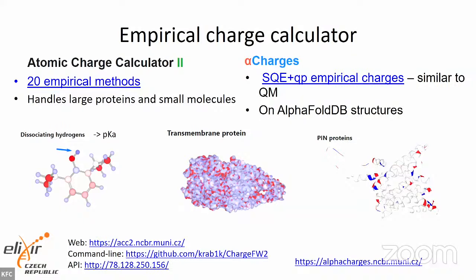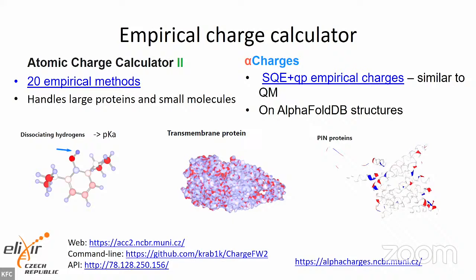So it's the closest possibility to the quantum chemical calculation. The Gasteiger charges are quicker because they just take the atomic types and are fitted against them, but they are quite old as well. So they're not very precise.